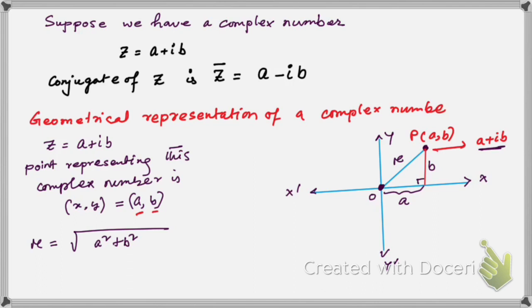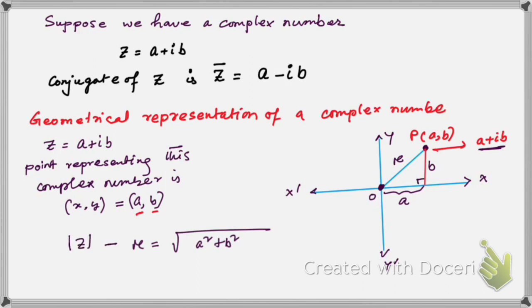This is the modulus of the complex number, written as mod of z, where z is equal to a plus ib.